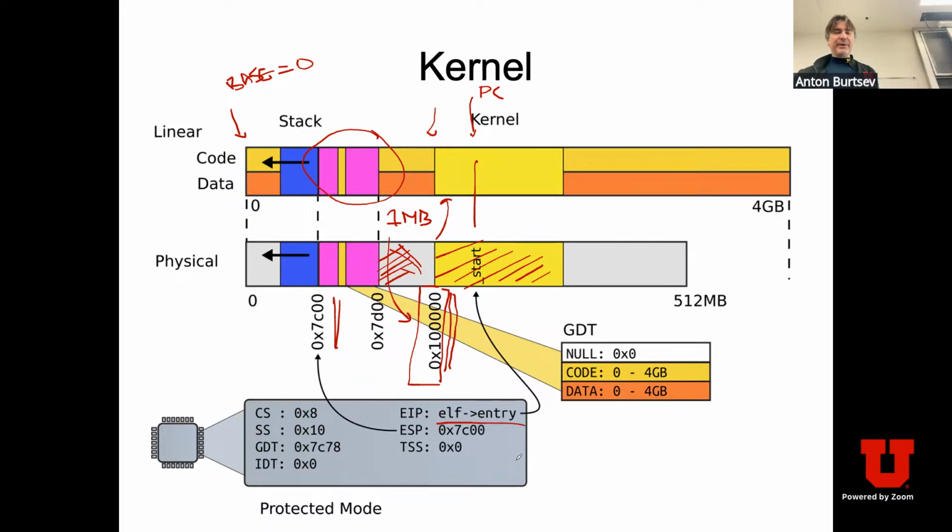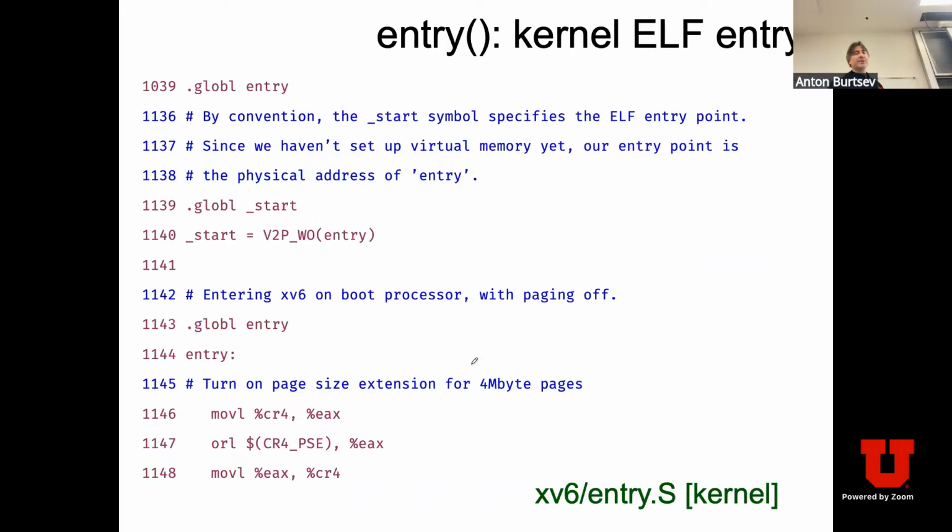So this ELF entry point, the instruction pointer is about to execute the very first instruction in the kernel. It's the x86 source code, entry.S, part of the kernel now, not the bootloader. This is the very first instruction which the CPU will execute.